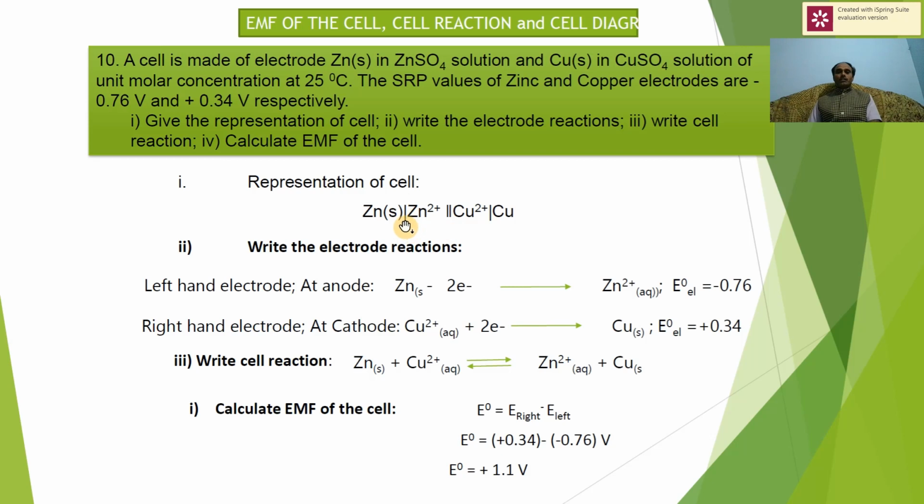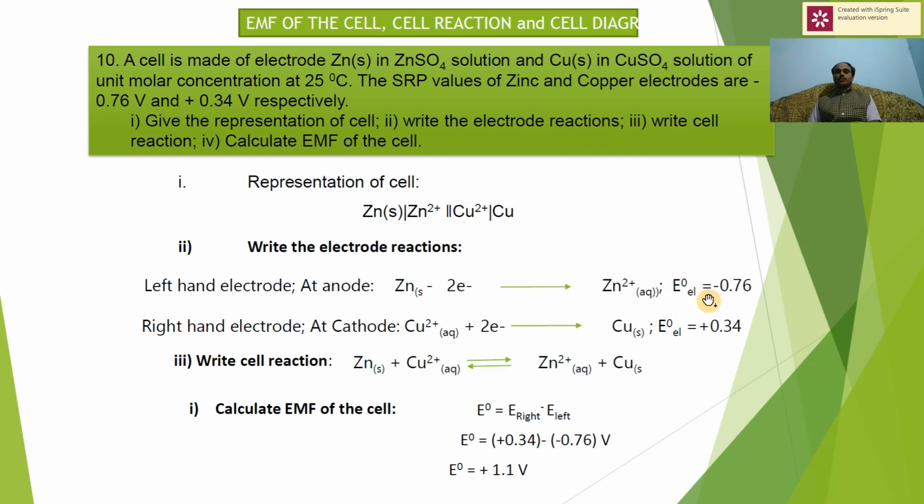You have to indicate the physical states here: this is solid, this is aqueous, this is aqueous, this is solid. Write the electrode reactions. At the left hand electrode, zinc undergoes oxidation, therefore it takes place at the anode. So you write the reaction at the left hand electrode as zinc loses 2 electrons and gives Zn2+ ion.